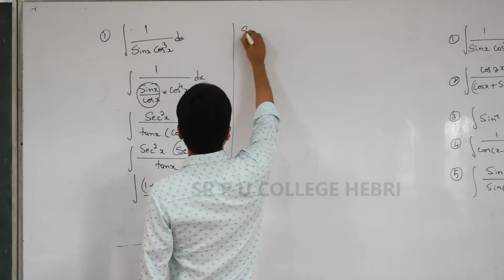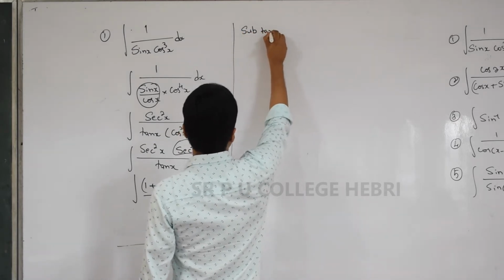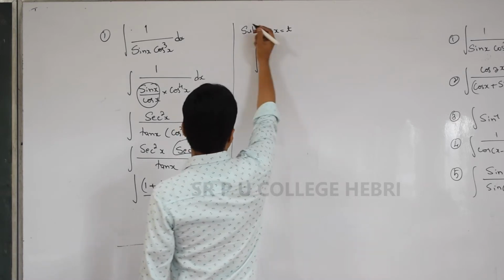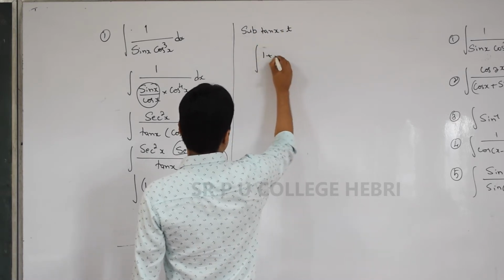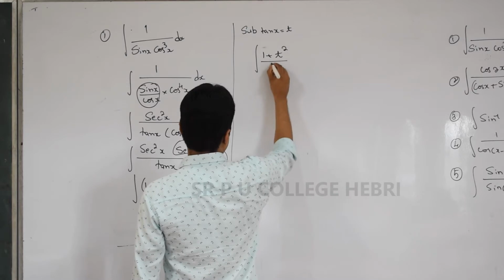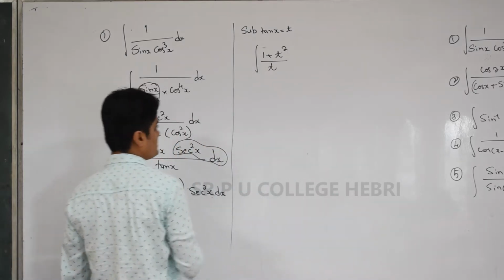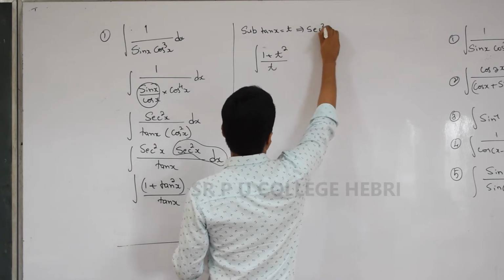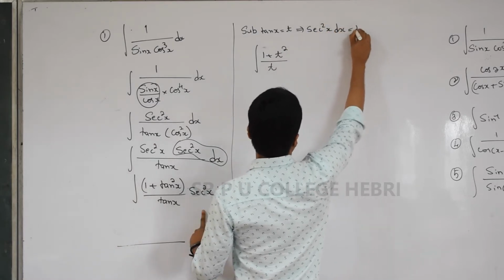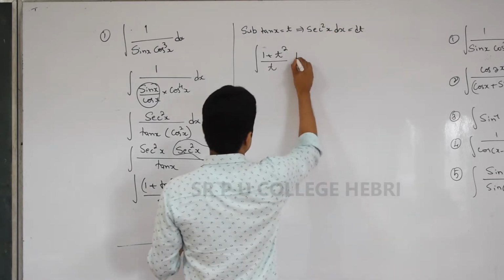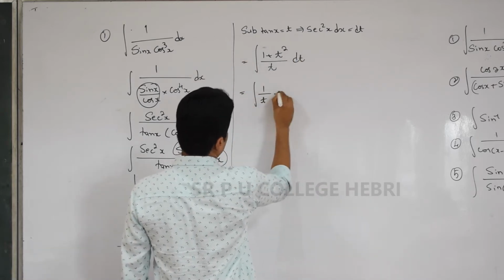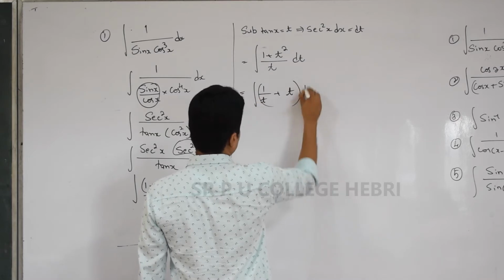Now substitute tan x is equal to t. So it will be 1 plus t square divided by t. What is the differentiation of this? Secant square x dx is equal to dt, correct? So this is only dt. This is nothing but 1 by t plus t, dt.